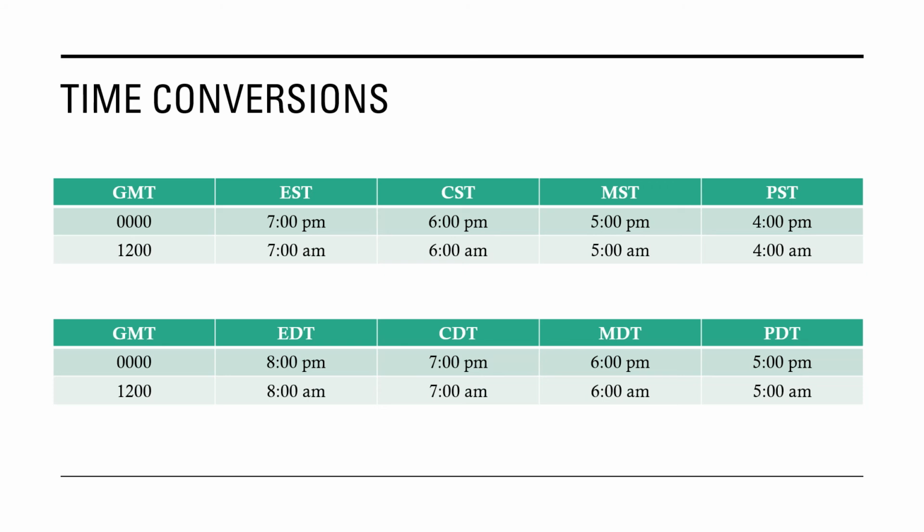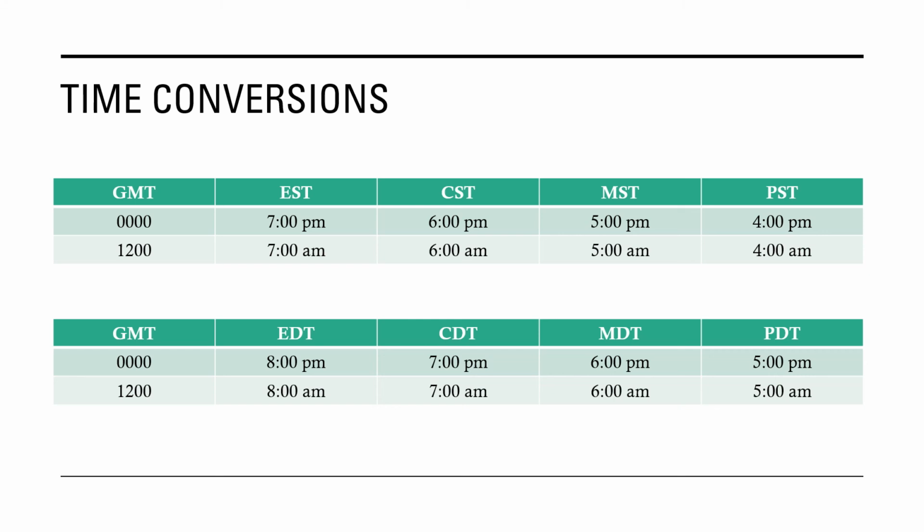So here is a couple of tables showing you time conversions from GMT to the 4 time zones across the United States. You can see that 0 GMT and 12 GMT give you the same time, PM and AM, across the different time zones. So in Eastern Standard Time, it's 7 o'clock PM when it's 0 GMT, it's 7 o'clock AM when it's 12 GMT.